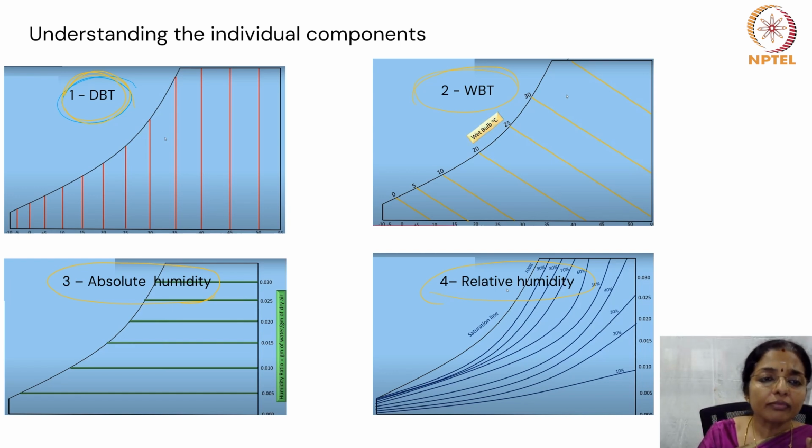So, the dry bulb temperature is denoted on the x-axis through these vertical lines.